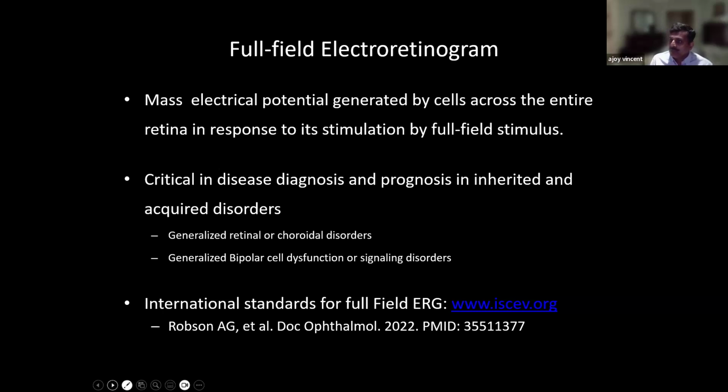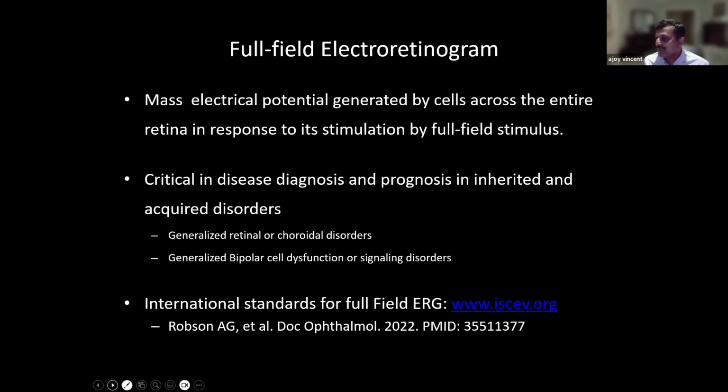So full field electroretinogram is important in disease diagnosis and prognosis in both inherited and acquired disorders, only when the disorders are suspected or expected to be generalized.